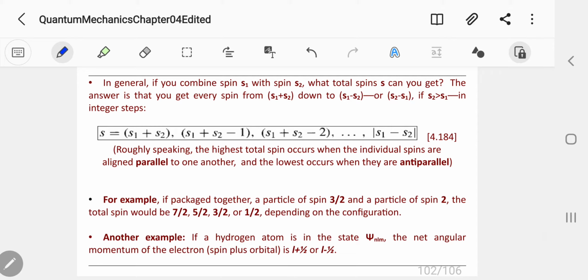So in general, if you combine a particle with spin S1 and spin S2, the total spin S that you can get is this. So there are many spins that you can get. For example, if you have 3 halves and 2, how many spins can you get?